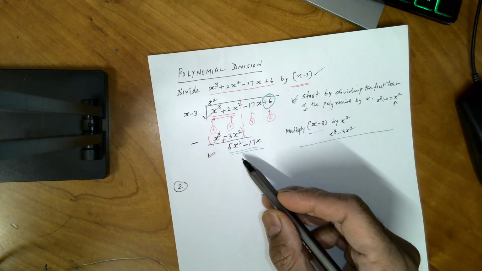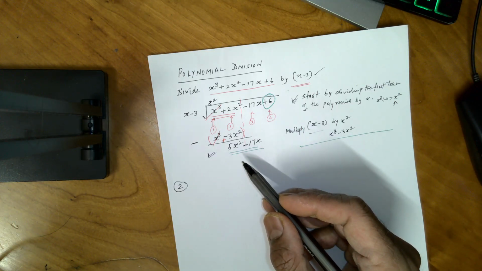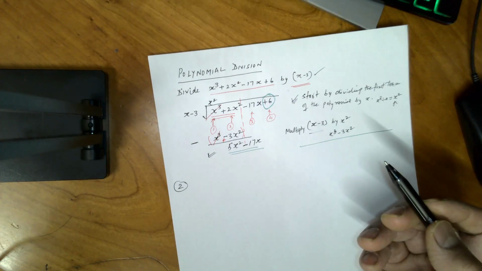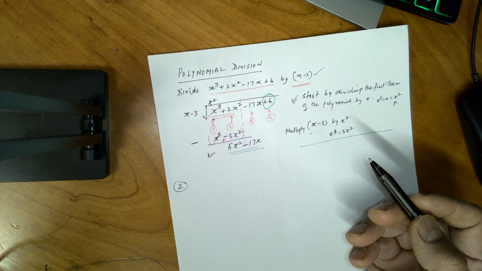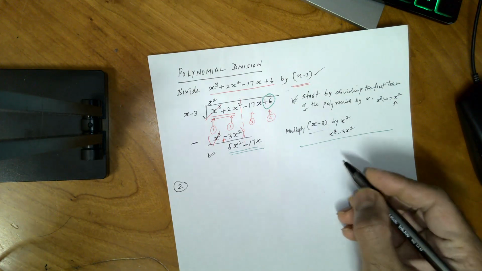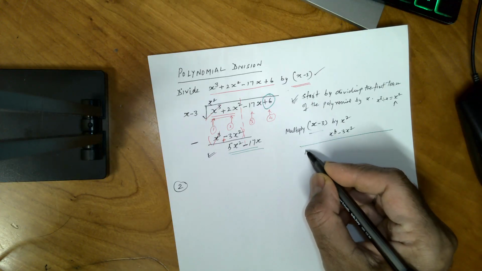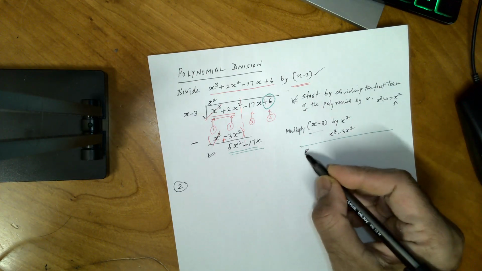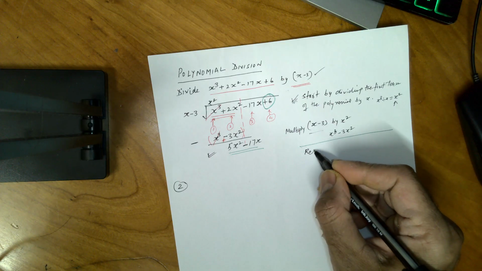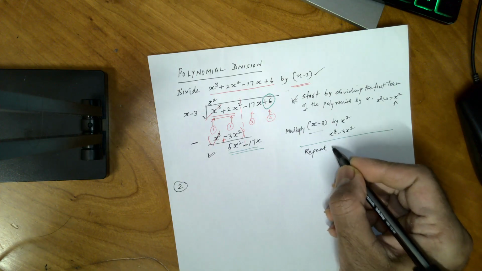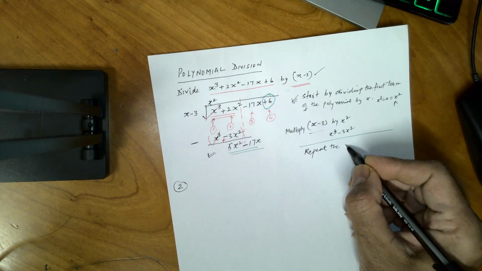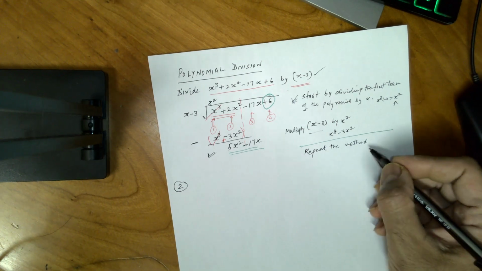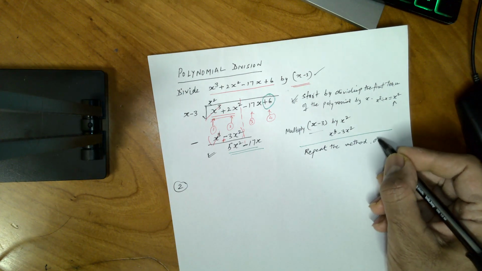So repeat the method, divide 5x squared by x, so that you get 5x. So I write down here. You do the same as you did here. Repeat the method. As long as you follow the method, you won't make mistakes.